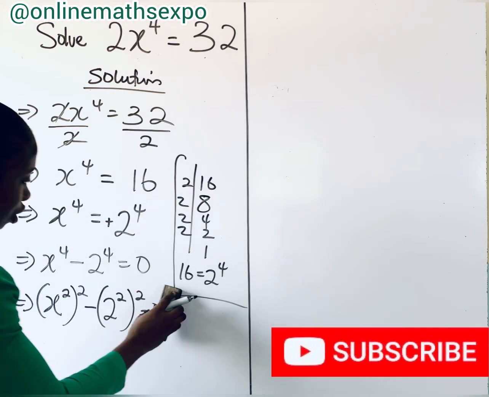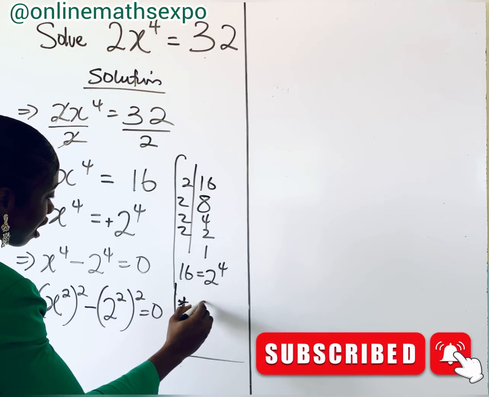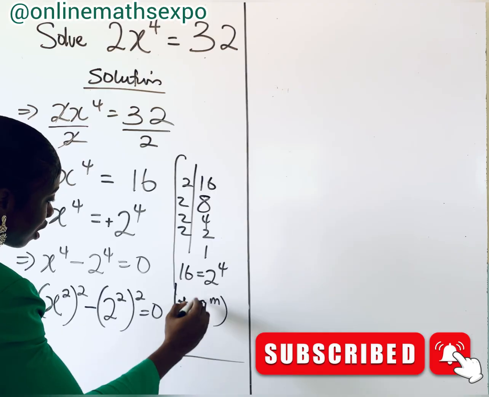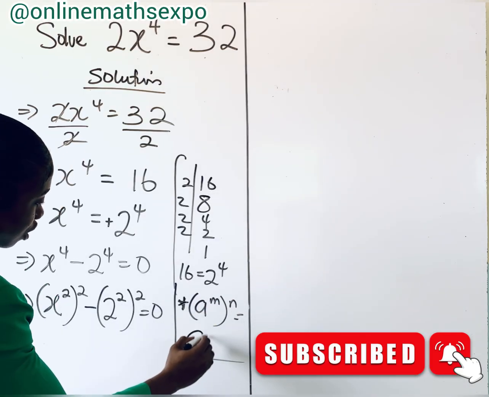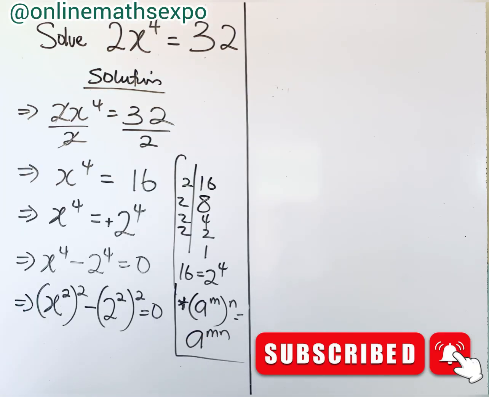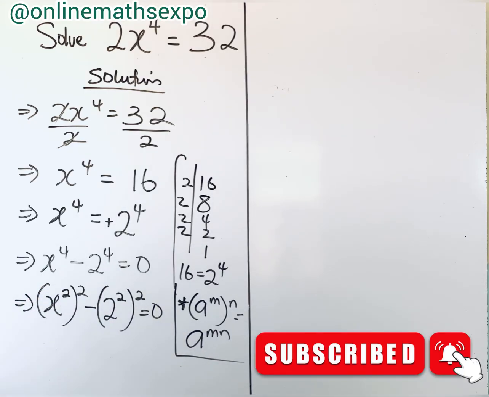See your reason for doing that. Remember that each time you have a raised to power m, raised to power n, the powers multiply to give you a raised to power mn. Did you see? So 2 times 2 gives you back 4, and so on. You have not changed anything.